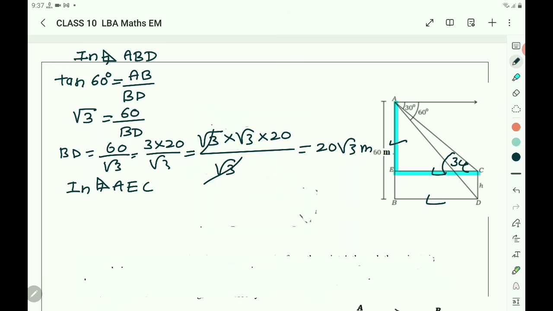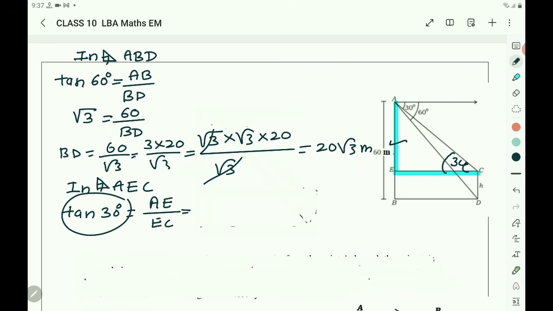This is equal to BD, you know. Then you write tan 30 degree equals opposite side by adjacent side. Opposite side is AE by EC.